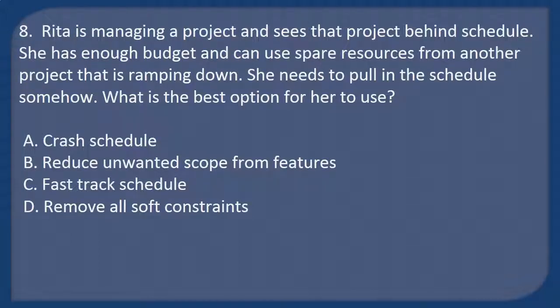Question 8. Rita is managing a project and sees that the project is behind schedule. She has enough budget and can use spare resources from another project that is ramping down. She needs to pull in the schedule somehow. What is the best option for her to use? A. Crash schedule. B. Reduce unwanted scope from features. C. Fast track schedule.